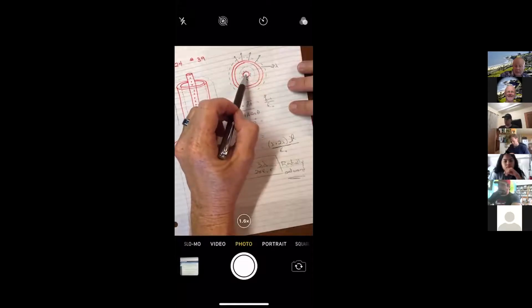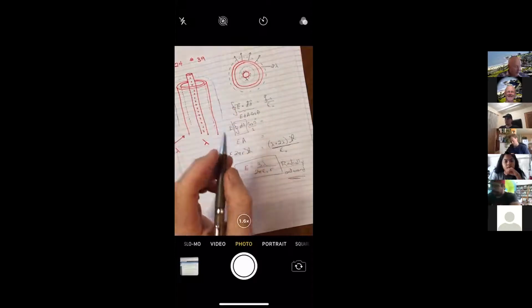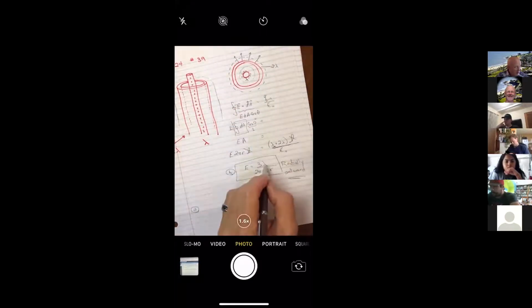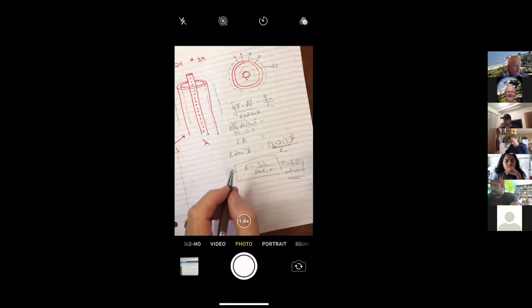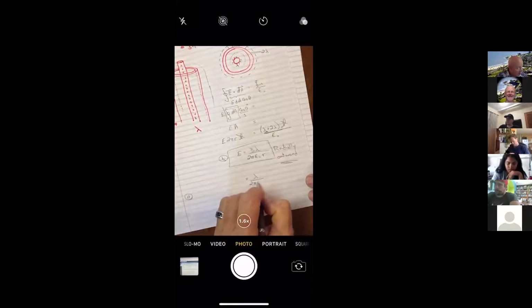It's only the inner one. So because of that, I would have only had a single lambda. I'm not sure where to write this equation. Maybe I'll write it down here, because again, you're not asked in this problem to actually solve that. But that's what it would have come out to be.